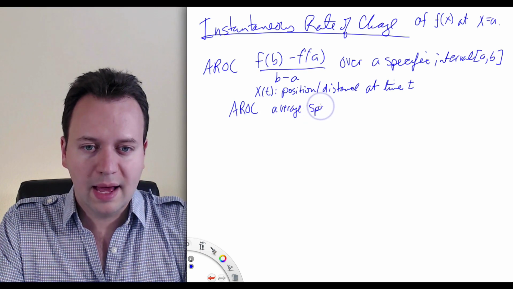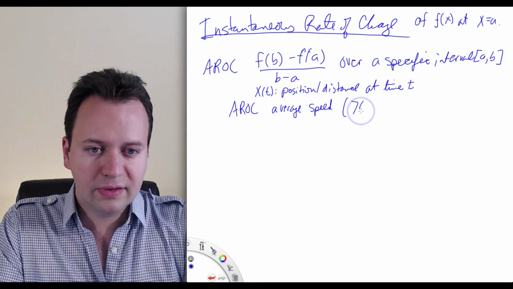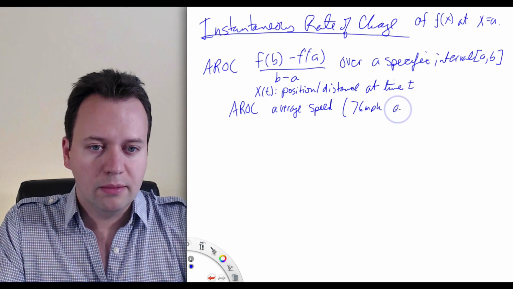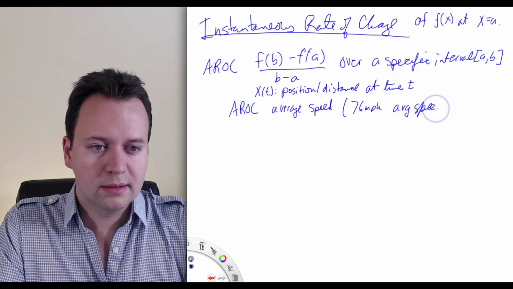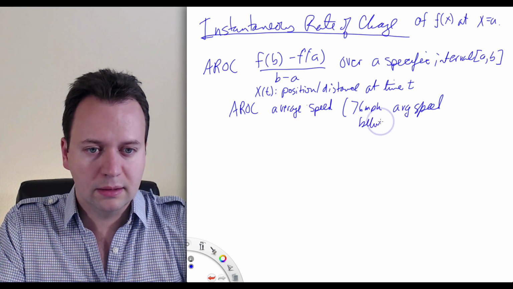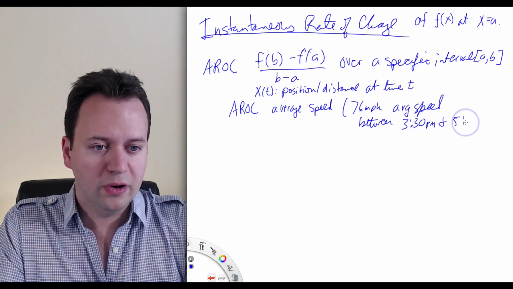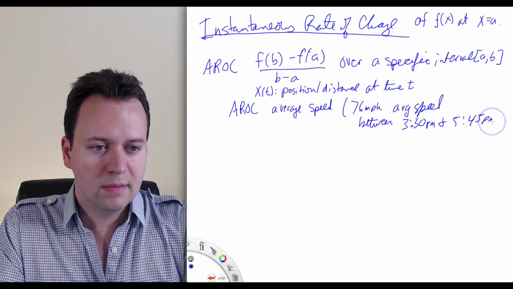So for example, 76 miles per hour was the average speed between 3:30 p.m. and 5:45 p.m. Right?